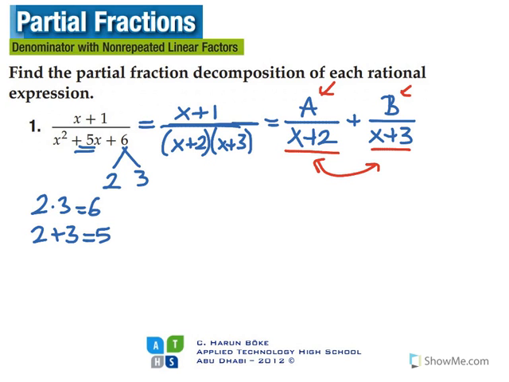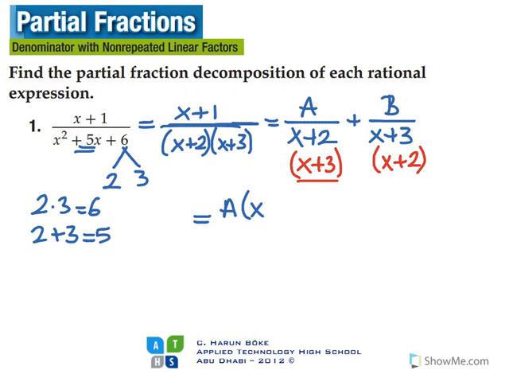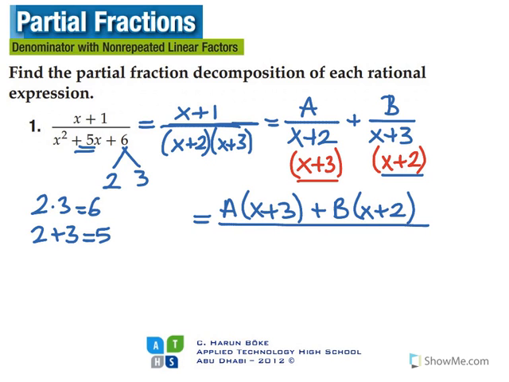So what is next? We will equate the denominators. If we do that, we multiply x plus 3 with a, so we will have a times x plus 3 plus b times x plus 2, and the denominator will be the product of these factors.